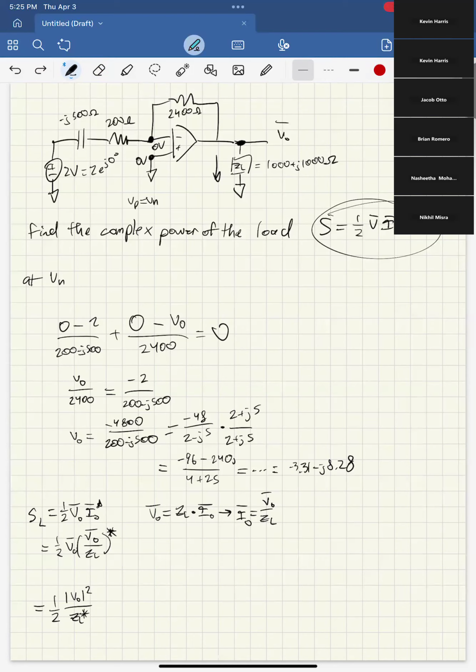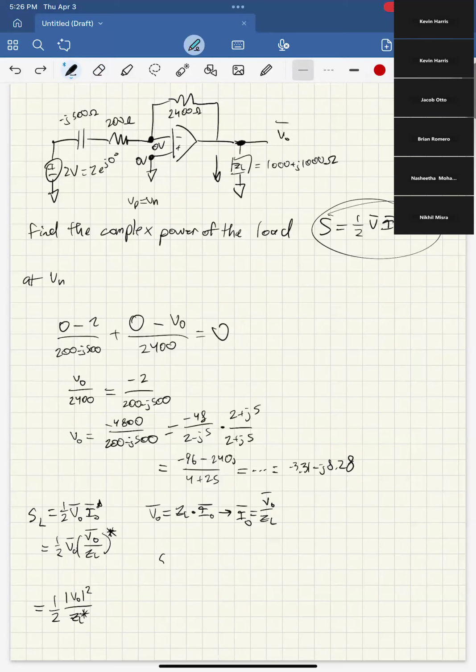If you were to use the first equation, you just find the current by dividing V out by ZL. It's the same thing, right? You can hopefully see that. I'm going to use this one because we already have all the parts necessary for that.